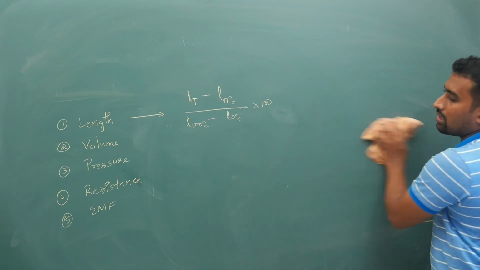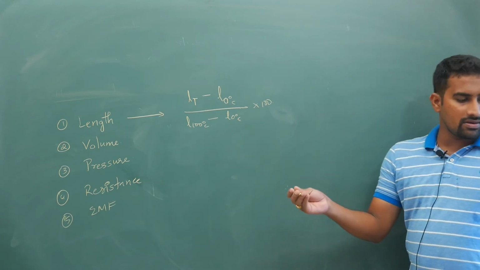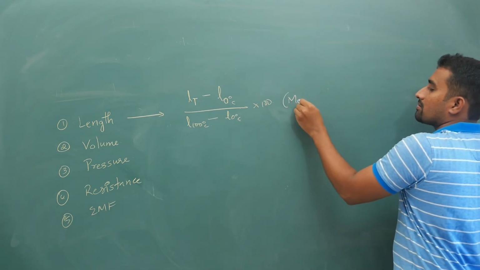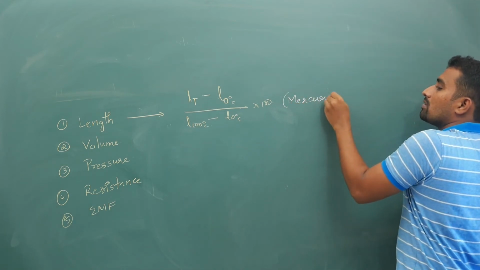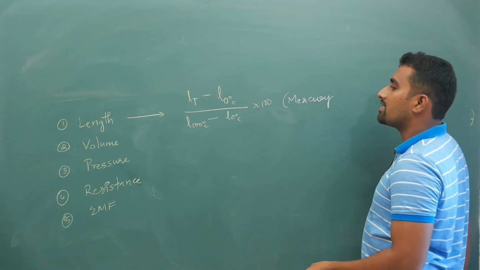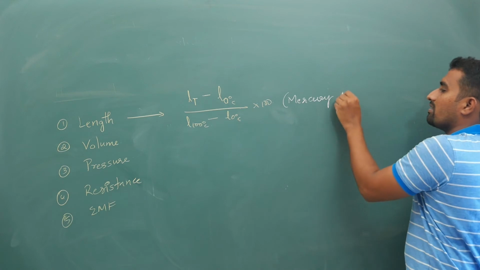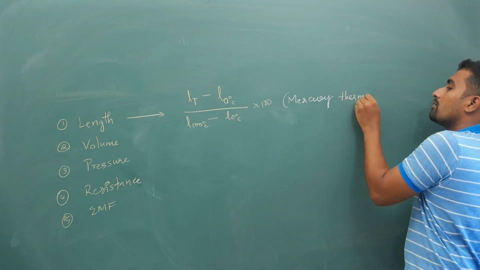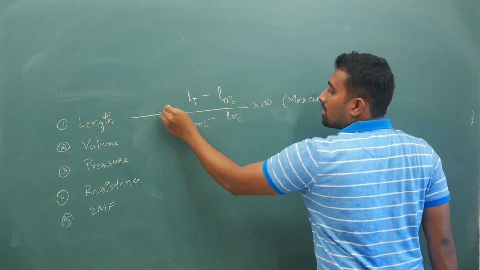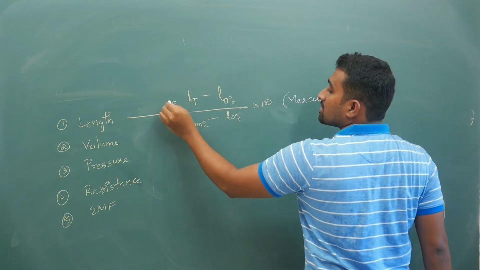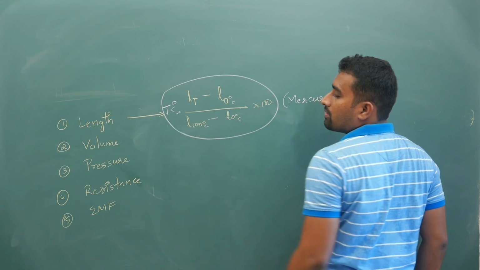So now your temperature in degrees centigrade will be this much. If it is a mercury thermometer, they will give you the length at this temperature and the length at ice point, and you calculate the temperature. So in a mercury thermometer you have to use this formula. T in degrees centigrade is given by this in a mercury thermometer.